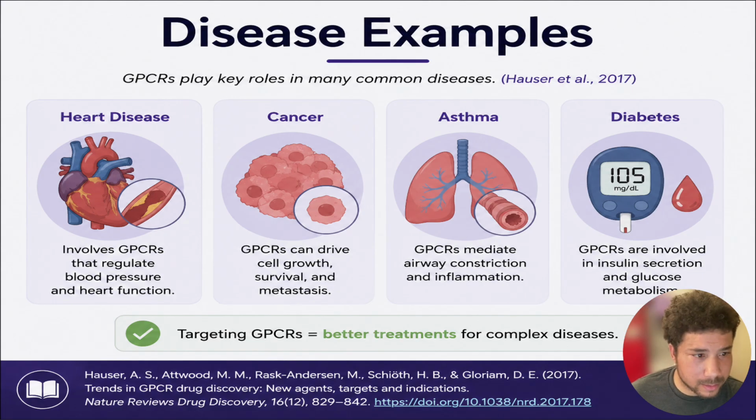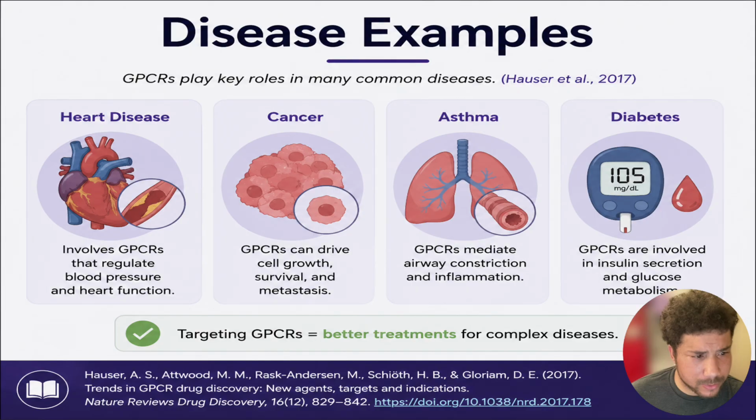So here are some examples of disease areas where GPCR signaling pathways play an important role. The first is cardiovascular disease, where GPCRs regulate heart rate, cardiac contractility, blood vessel tone, kidney function, fluid balance, things like that.